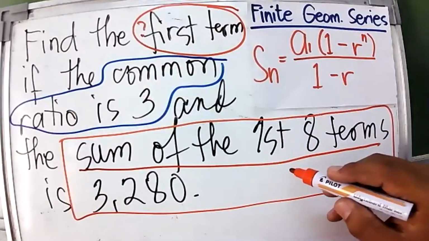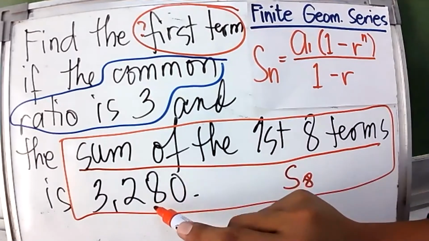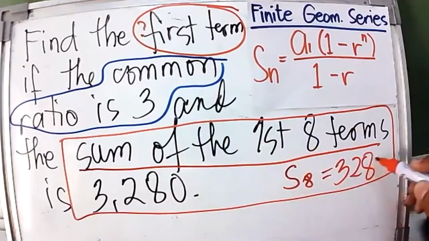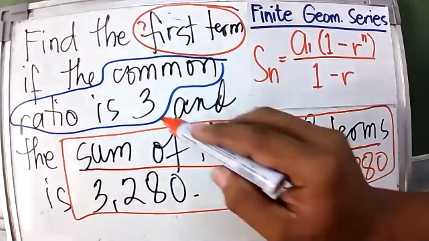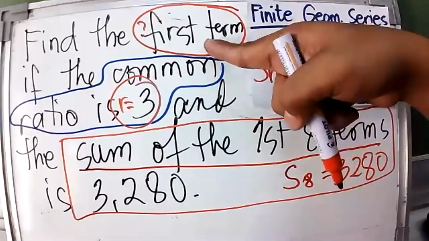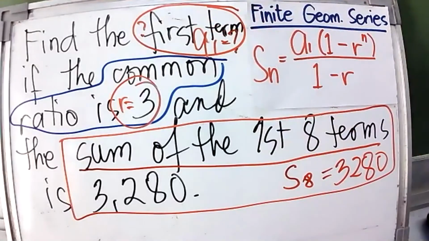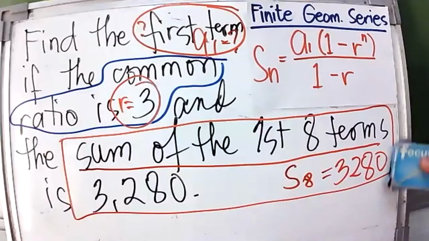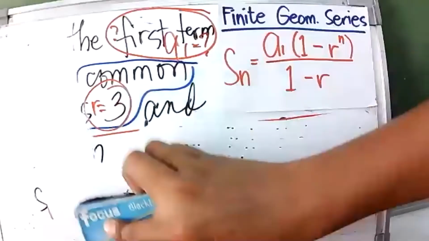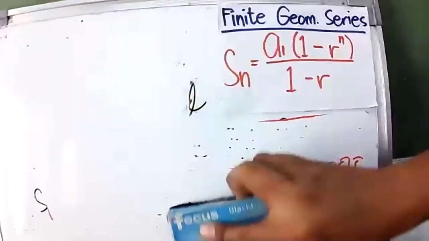So therefore, this can be considered as the S sub 8 because that's the sum of the first 8 terms. That's 3,280. Our common ratio is equal to 3. And then, our first term, A sub 1, is the unknown. Okay? So, let's now rewrite our given so that we have a little more space for our computation.